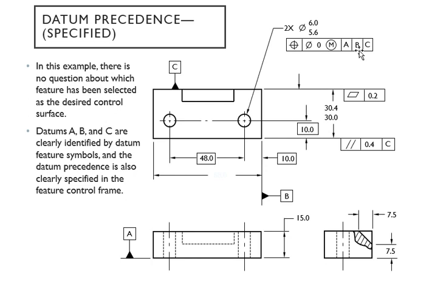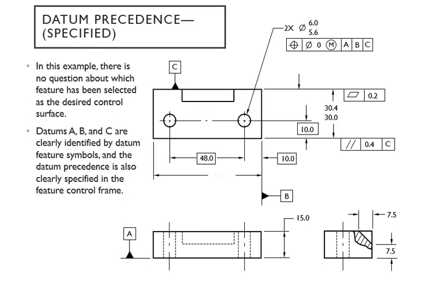It's telling you I have three datum features which are going to control that, one datum feature which is going to control this flatness, and one datum feature which is going to control the two surfaces. So datums A, B, and C are clearly identified by your datum feature symbols right there, and right here: this surface, that side surface, and this one at the back, actually, not the front.